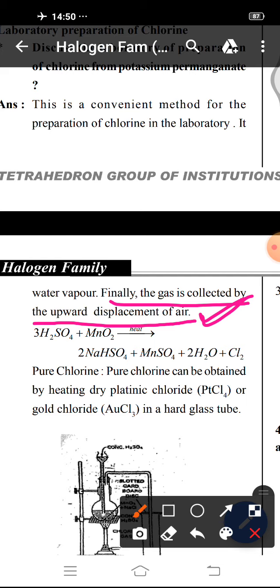Then coming to its physical properties. Chlorine is a greenish yellow gas having a suffocating smell. It is sparingly soluble in water because halogens are non-polar, so in polar solvents they are weakly soluble.